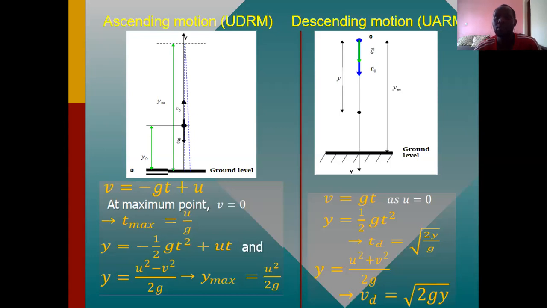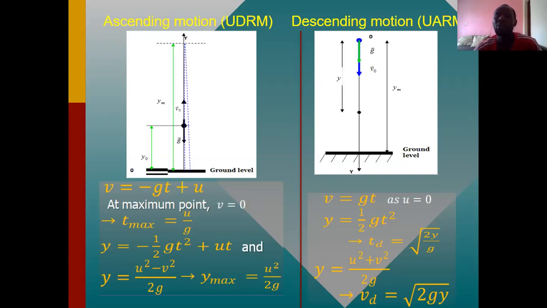The second equation of motion, y will be equal to minus 1/2 g t squared plus initial velocity multiplied by t. And the third equation of motion will be initial velocity squared minus final velocity squared divided by 2g. If the object reaches the maximum point, then the maximum distance moved by the body will be equal to initial velocity squared divided by 2g.